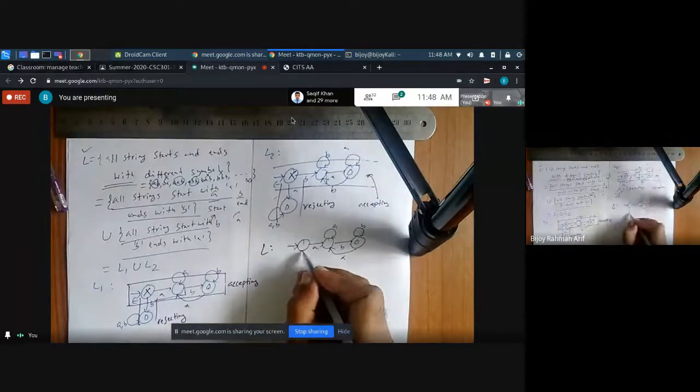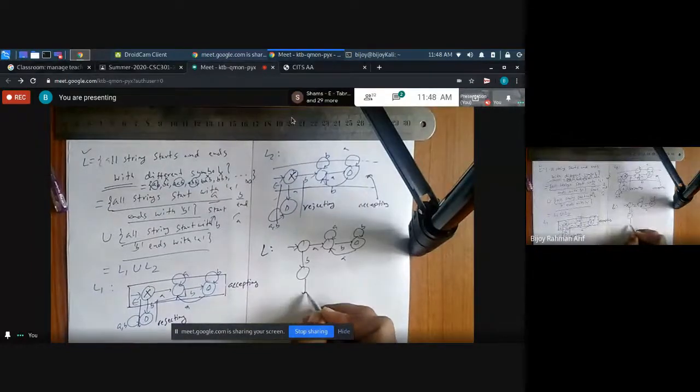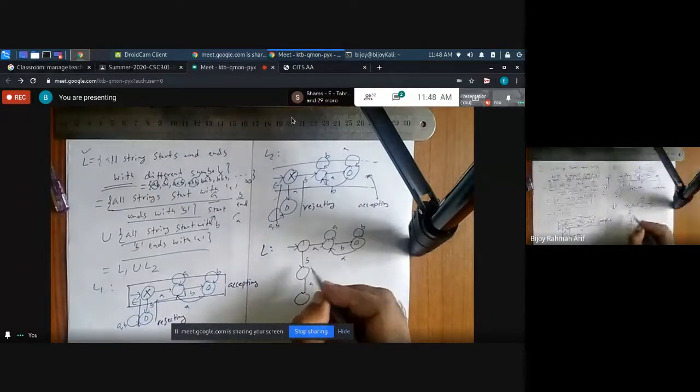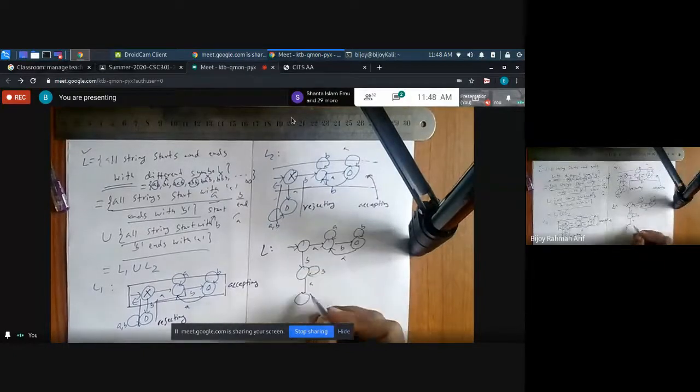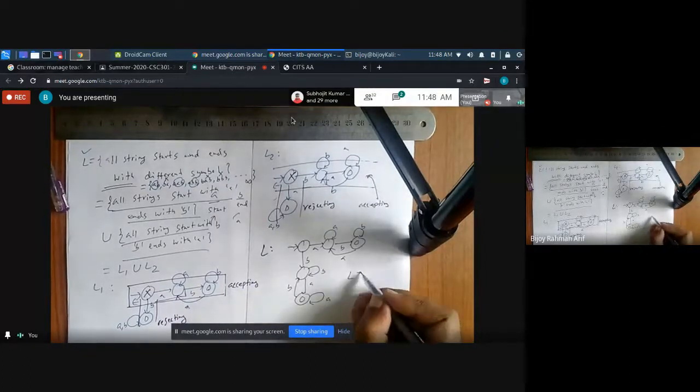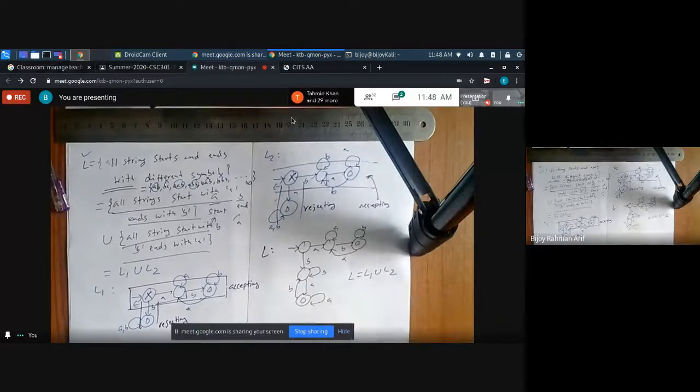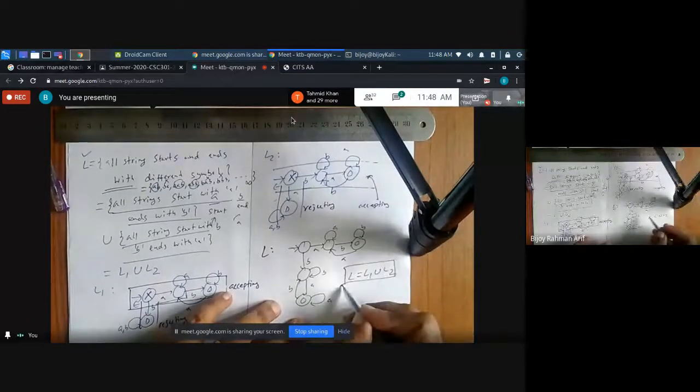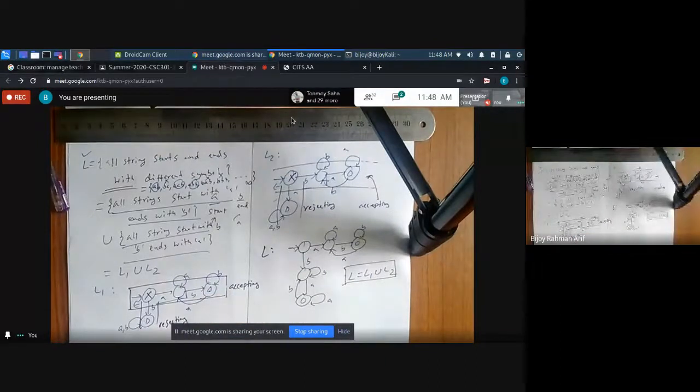So it is nothing but this, this, this. So this would be the union. This is nothing but L. Okay, so that's how we can actually union two languages and get a unified language. Did you get it or not?